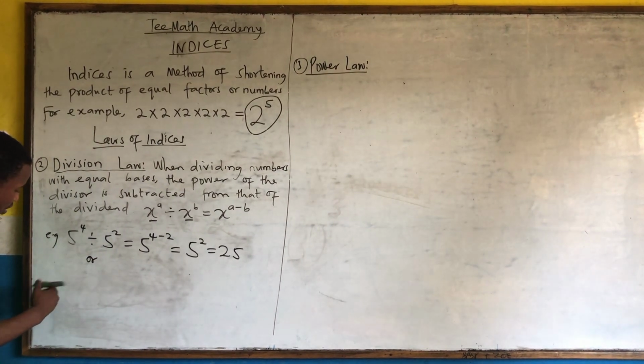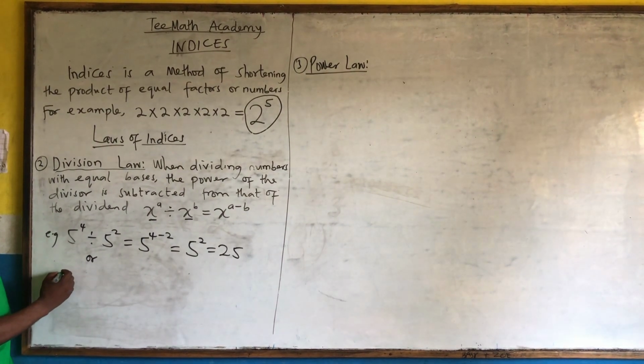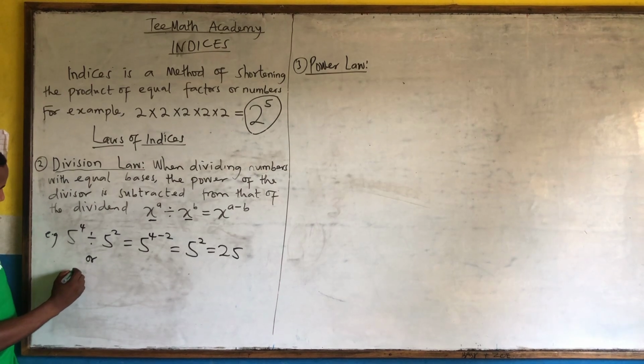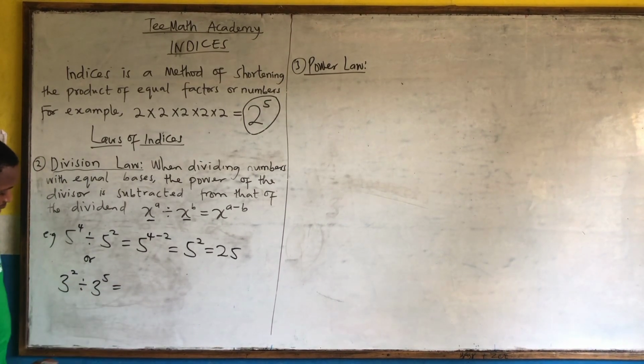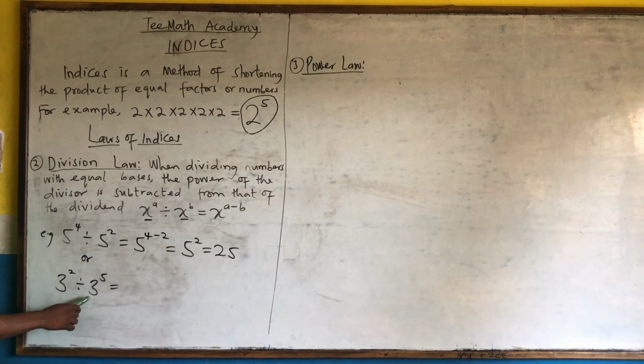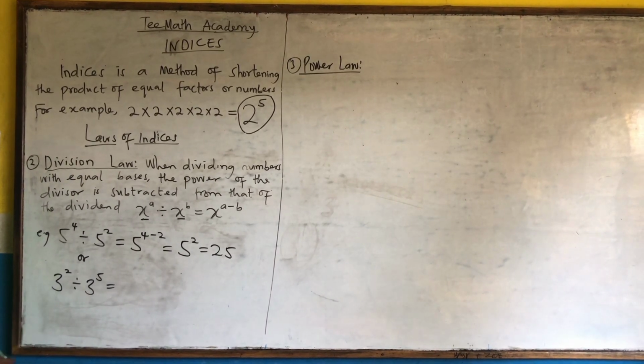The actual reason for this law of division is this. Sometimes many students will come across a question like 3 raised to power 2 divided by 3 raised to power 5. Then the student will look at it and say maybe the teacher made a mistake here. No, it's not a mistake.